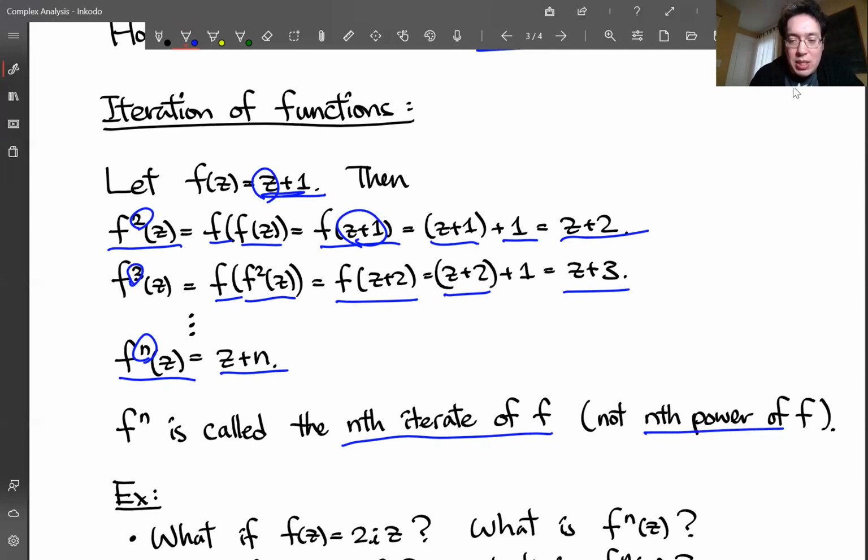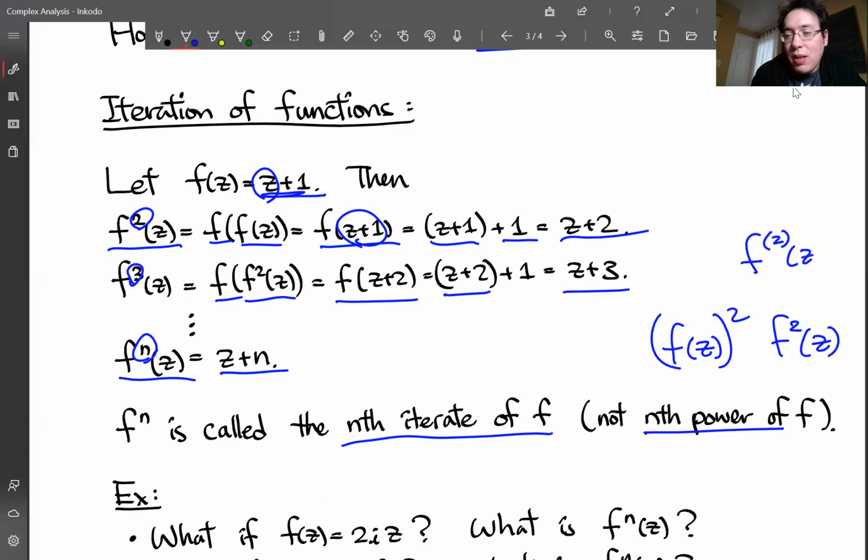So just to avoid the confusion, if we have a function that we want to square, we'll write it this way, to distinguish it from the second iterate of f. And when we look at the derivative of functions, we're going to use parentheses to distinguish how many times we took the derivative.